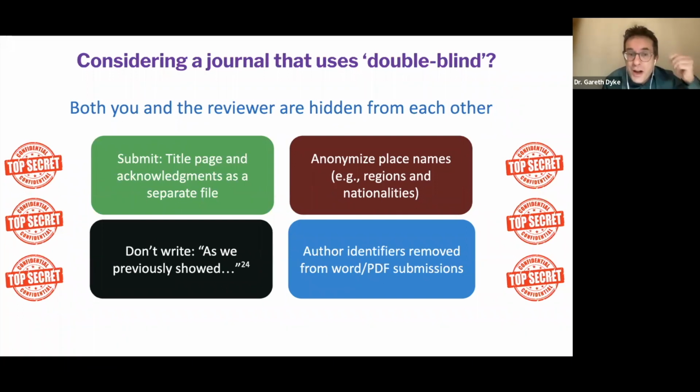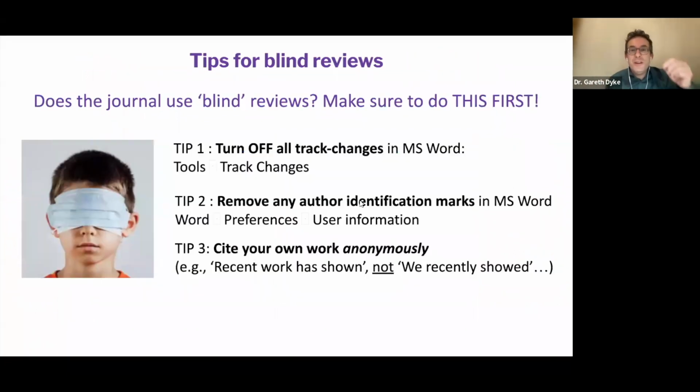So make sure you anonymize your Word document, your PDF. Make sure it doesn't have your name in the track changes box. Anonymize place names, regions, nationalities, and submit a title page and acknowledgements as a separate file to the journal, because that will make sure that you really are anonymous in the submission process.